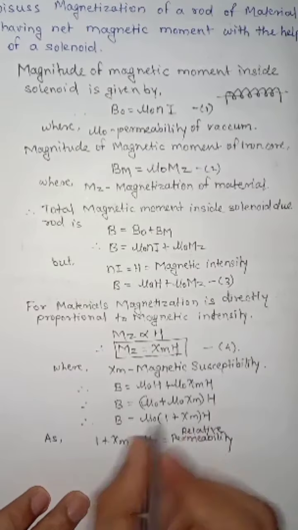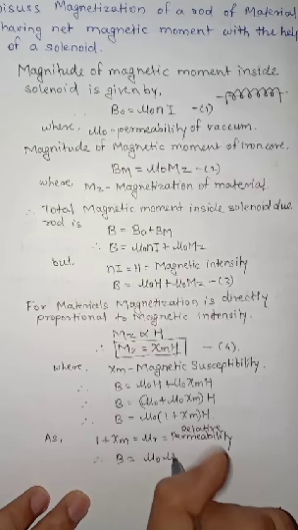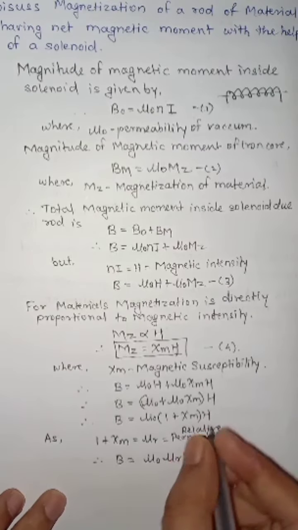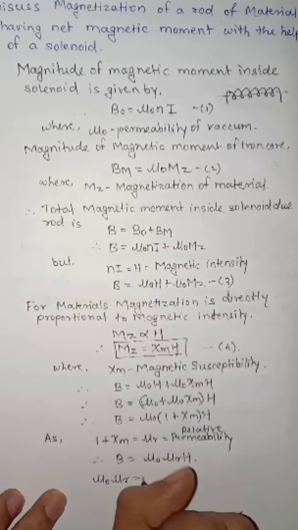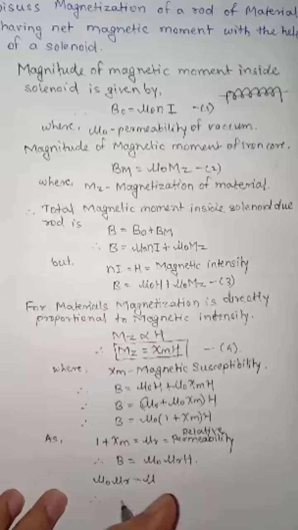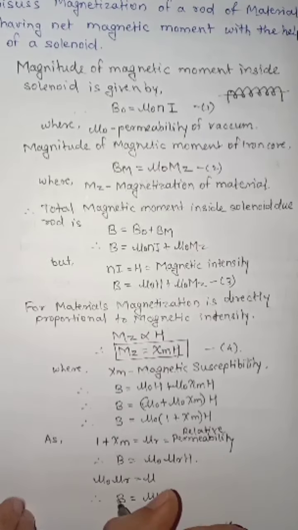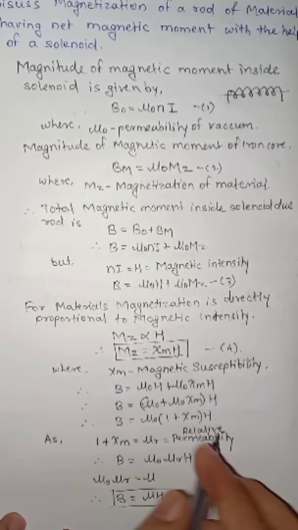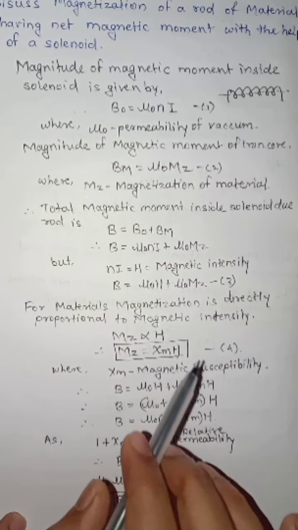Therefore we get here B is equal to mu0 mu r into H, and finally mu0 mu r is equal to mu, the permeability of material, and hence we get finally B is equal to mu into H, and this is our final expression for magnetic moment of solenoid due to rod.